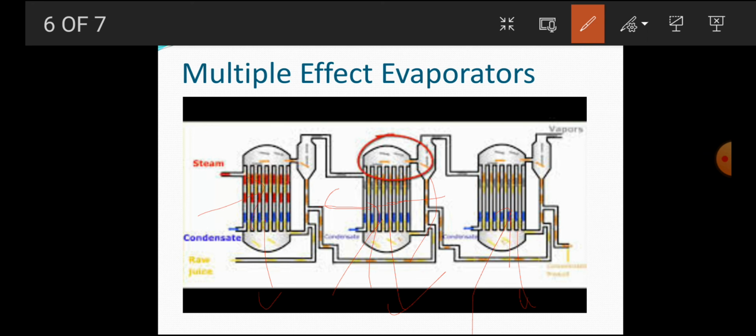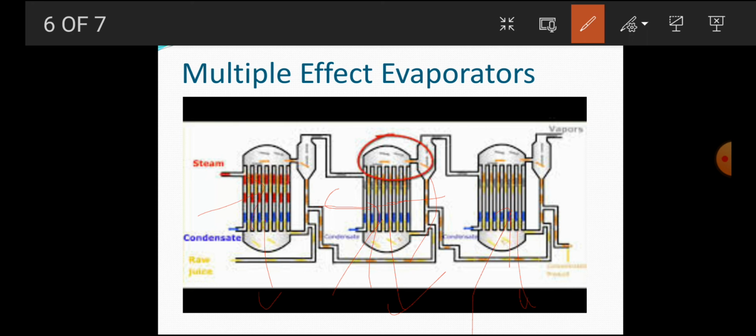Then in mixed feeding, the feed enters the intermediate effect and moves forward and backward to effect 1. In parallel feeding, the feed is given to all the evaporators and the product is collected from each evaporator separately. So that is how you feed the evaporator. These were the methods of feeding.